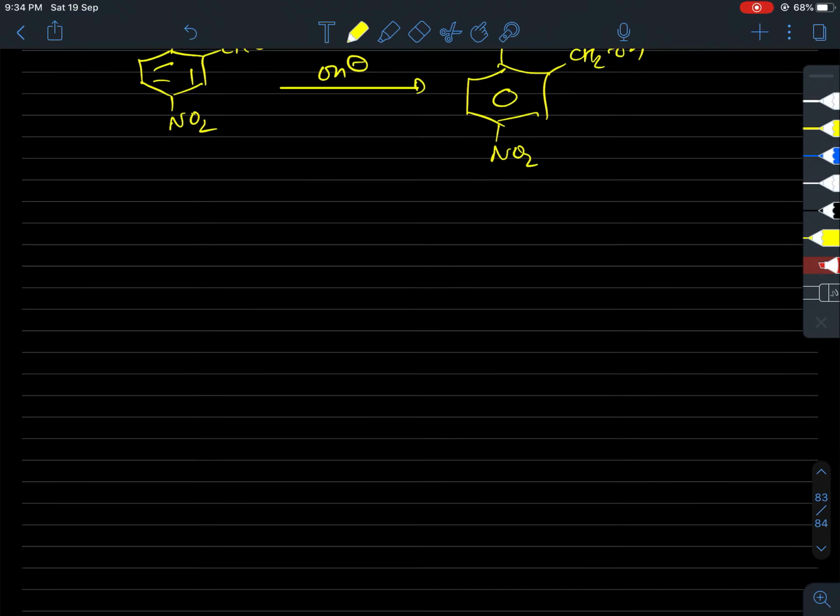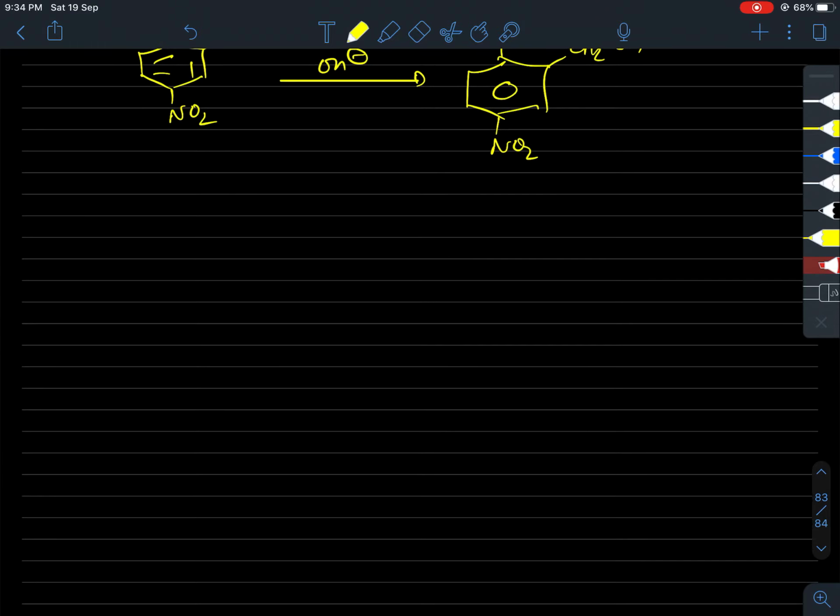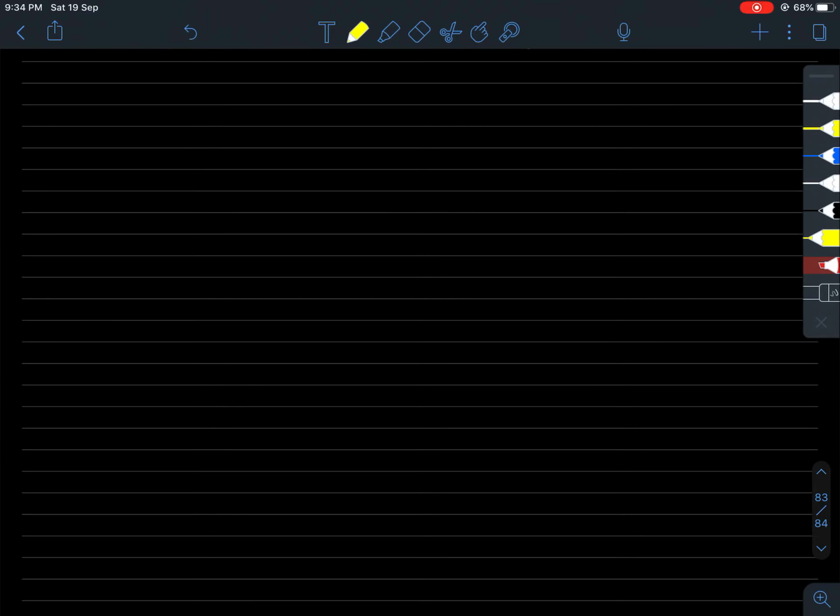Now at the end, I would like to tell you certain important molecules which, even though they don't have alpha hydrogen, do not undergo Cannizzaro reaction.